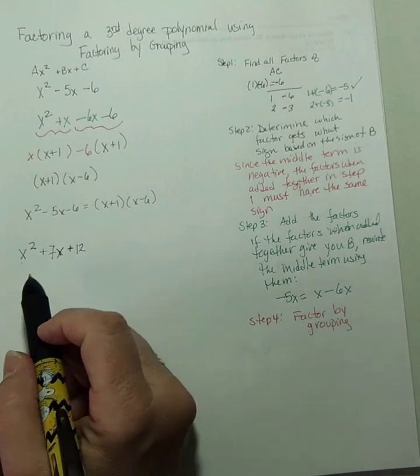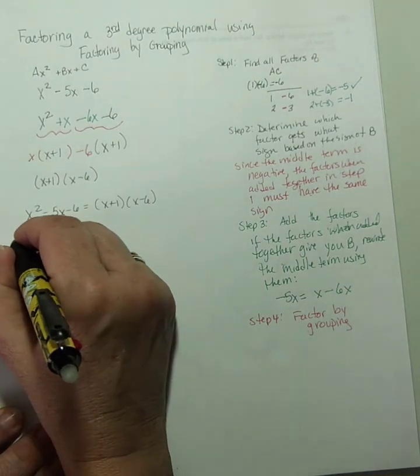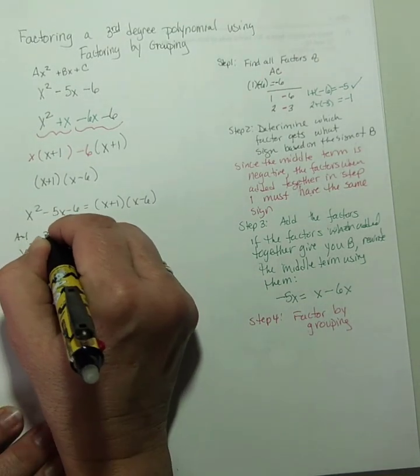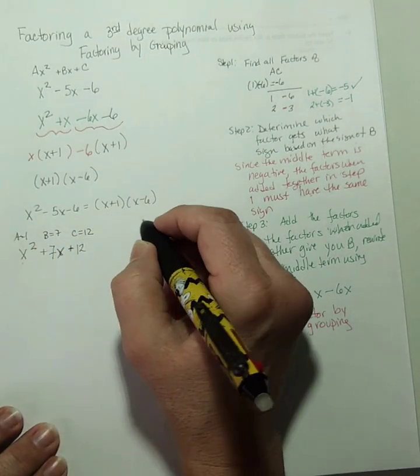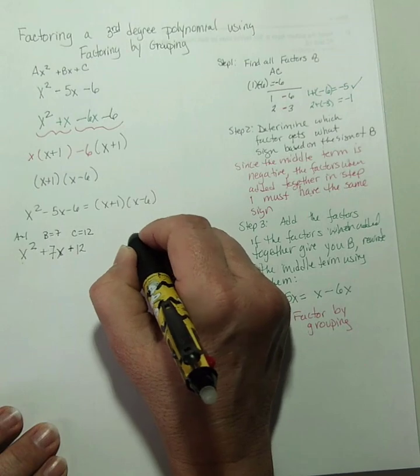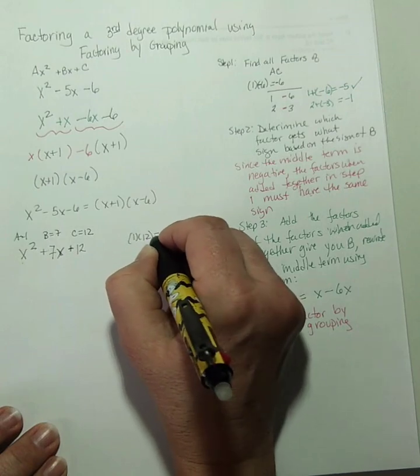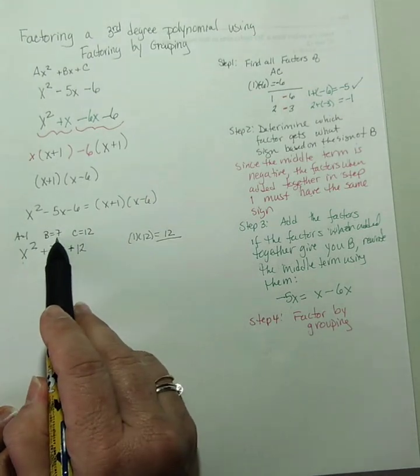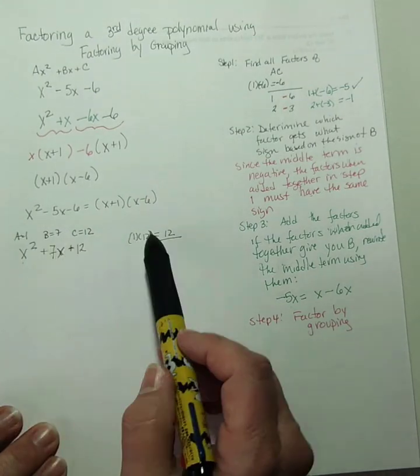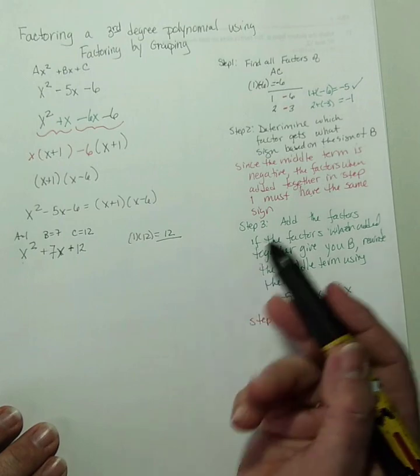So let's look at this problem. In this problem, my a equals 1, my b equals 7, and my c equals 12. So I look for factors of 1 times 12, which is 12, that when added together give me a 7. So that means both of my factors would have to be positive.